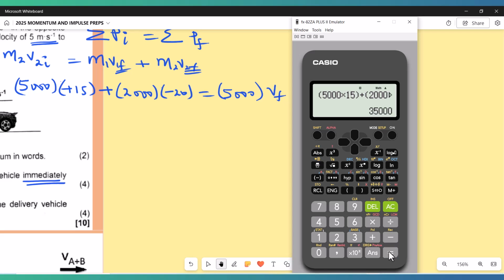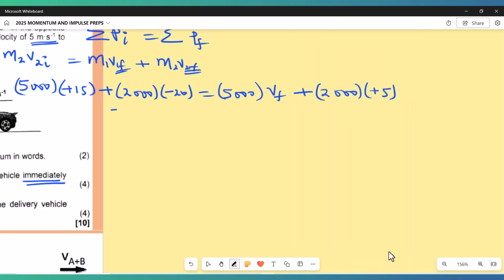I mean 35,000 positively. Equals, this is 10,000 here, 10,000 plus 5,000 times the final velocity.